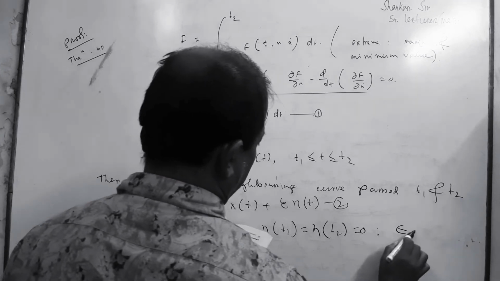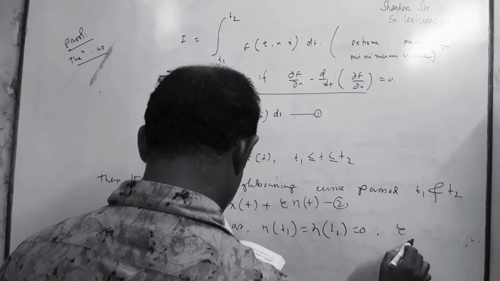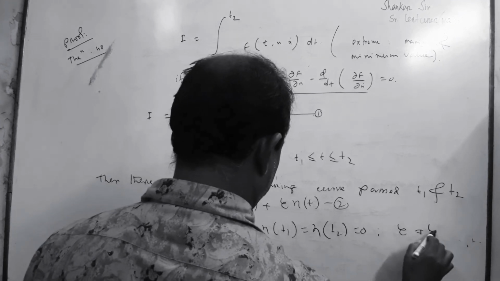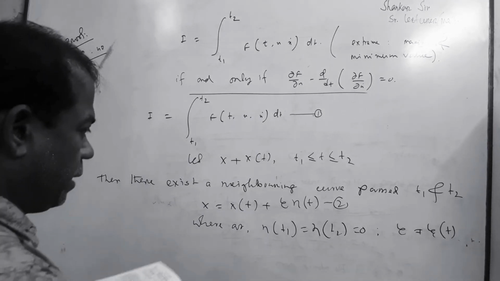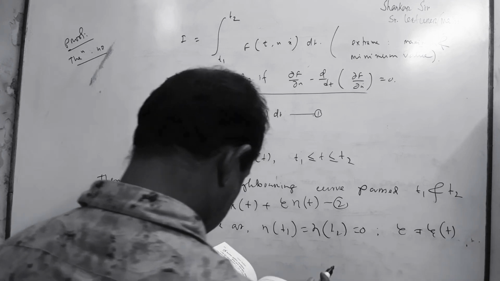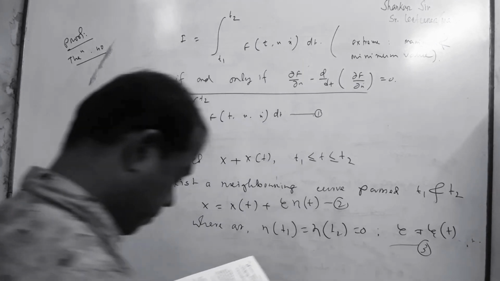Then epsilon is not a function of t; it is a number 2 and a number 3.